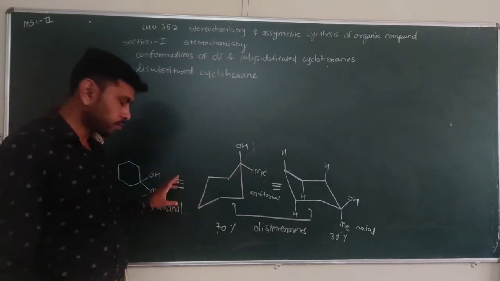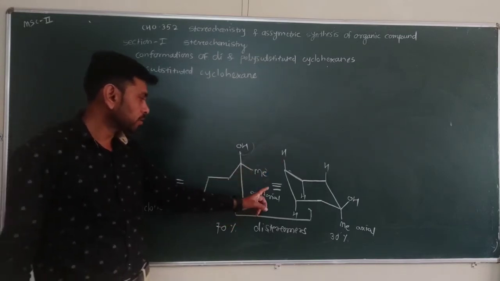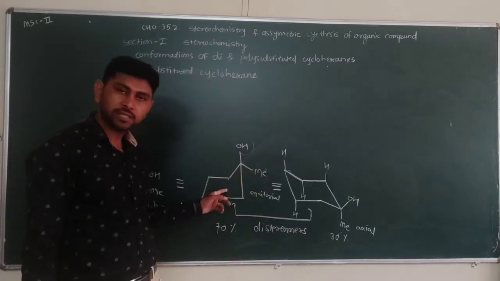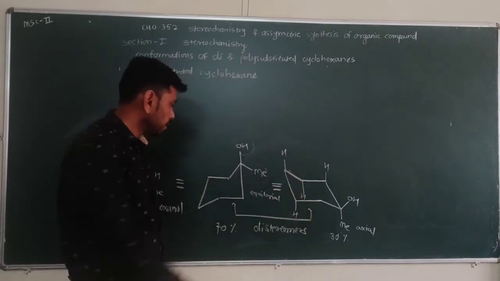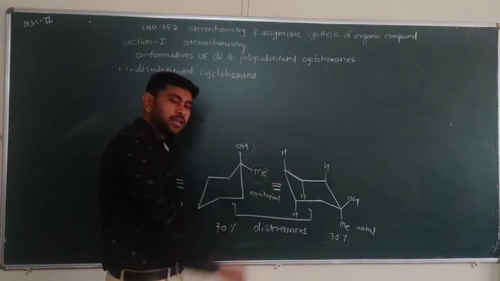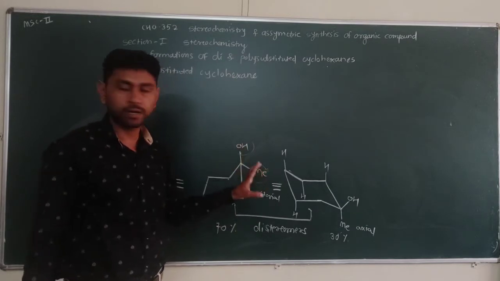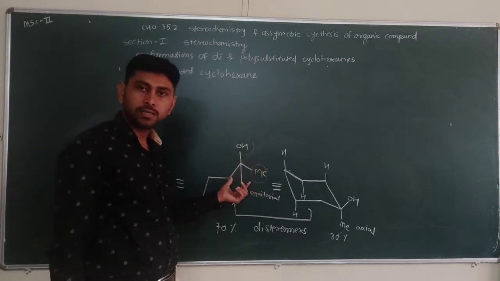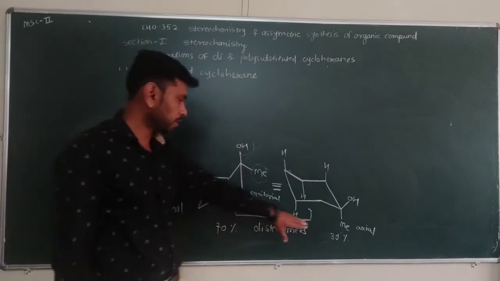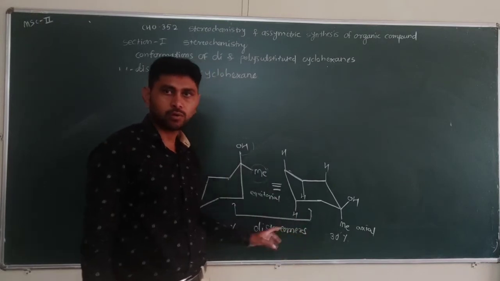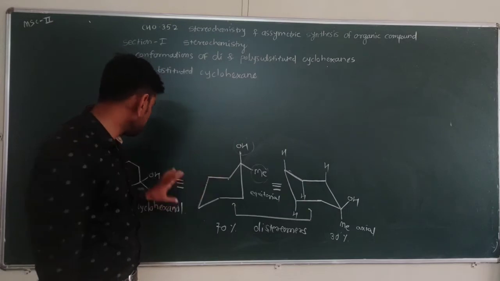When arranged in chair conformation, we get 70% of this conformer and 30% of this conformer, because in this conformation the methyl group is a bulky group and the bulky group is at equatorial position. This position is more favored, so this conformation is obtained in 70% amount and this one in 30% amount. So out of these two diastereomers, one is more favored.